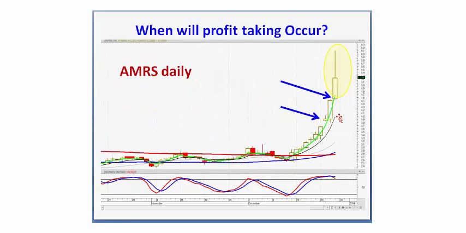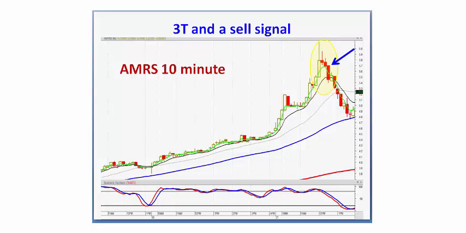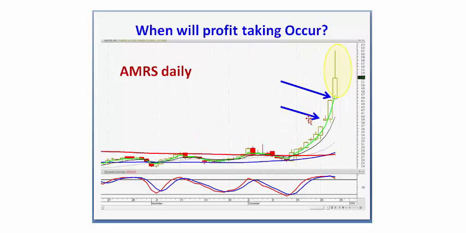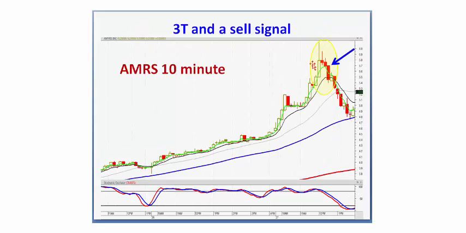So anytime I see a big price move, I'm using the T-line and the 3T line to tell me, all right, is it time now to take profits? I don't want to wait to see a sell signal up here, because on a big move like this I'm giving up a lot of profits. That's where I can flip to my 10-minute chart. If I know on an analytical basis that we're way up in the overbought condition, and now I'm starting to see sell signals on my 10-minute chart, I'm going to take some profits up here, on the basis that if it comes back up above the T-line, I can always buy back in.